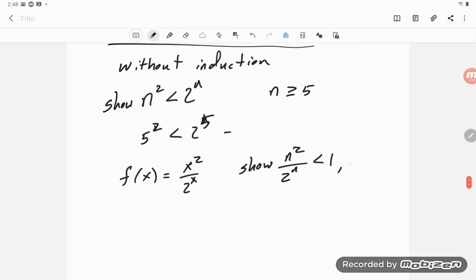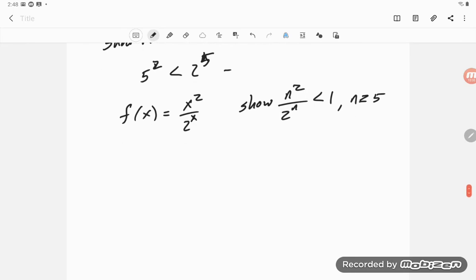That's equivalent. So I'm going to work with this function f of x, x squared over 2 to the x, and I can get its value at 5, which will be less than 1.